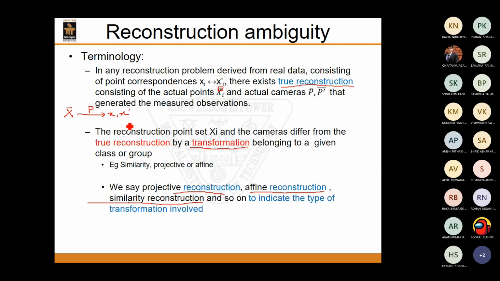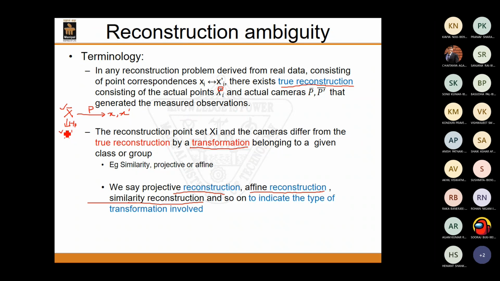Now, when we speak about projective transformation, what we are trying to say is that if I apply a projective transformation, let's say I'm just representing it by H_P, to this X bar, I get X dash, which is my reconstructed scene.